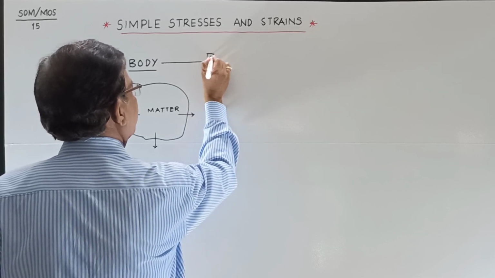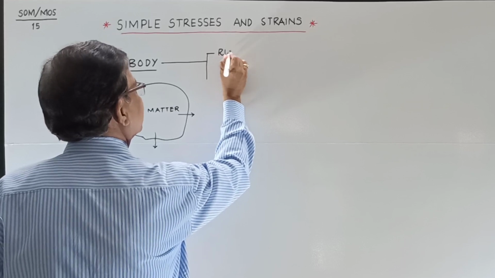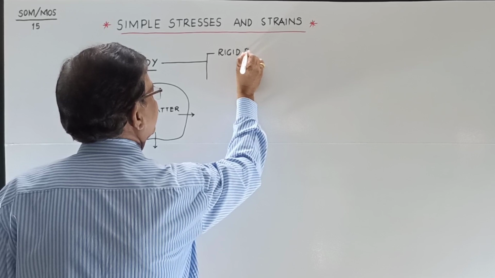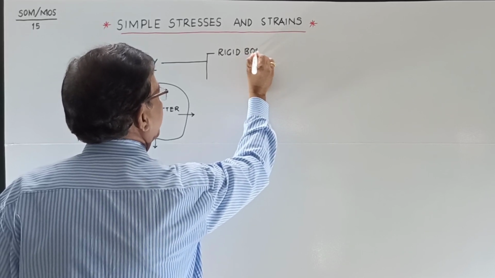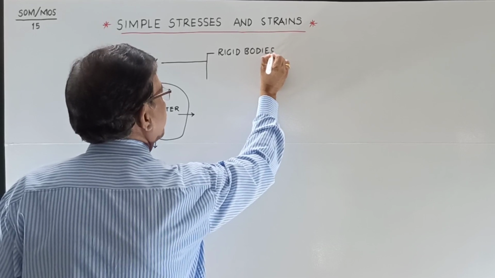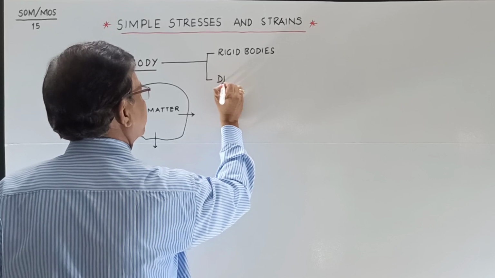The bodies are of two types. One is rigid body and the second is deformable bodies.